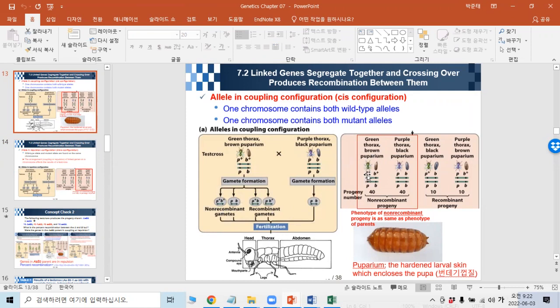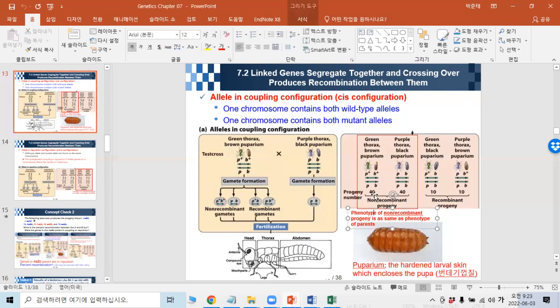One will become p plus, b plus. Another one is small p and small b. Another case is like this, and also another case is like this.